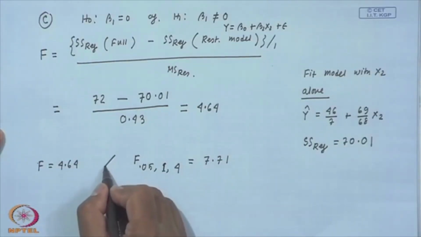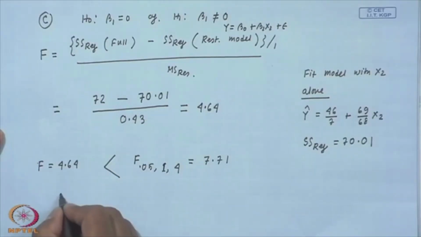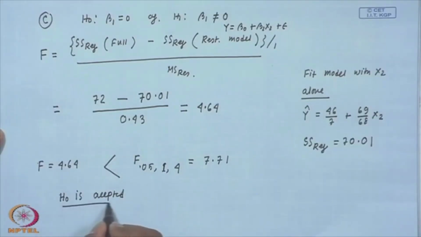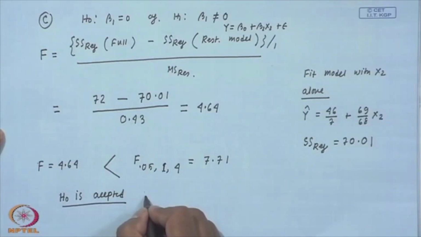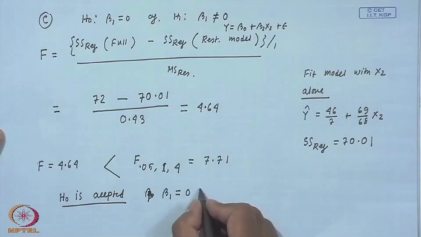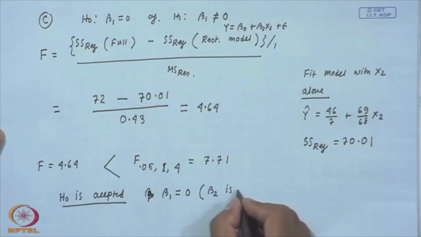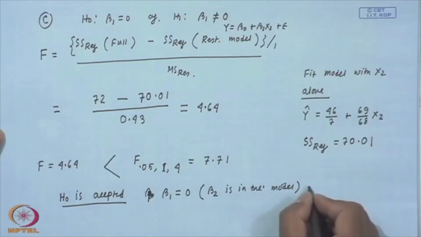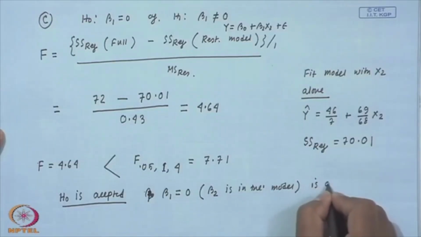So, the observed value is less than the tabulated value. That means, H naught is accepted. What is the meaning of this one? That means, beta 1 equal to 0, when beta 2 is in the model, beta 1 equal to 0 is accepted.